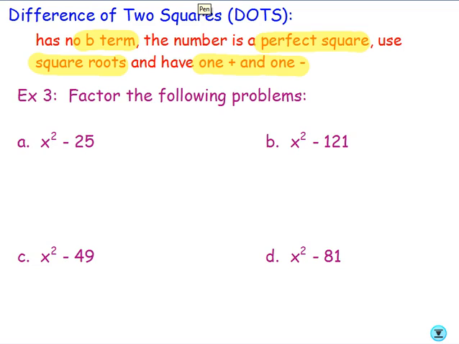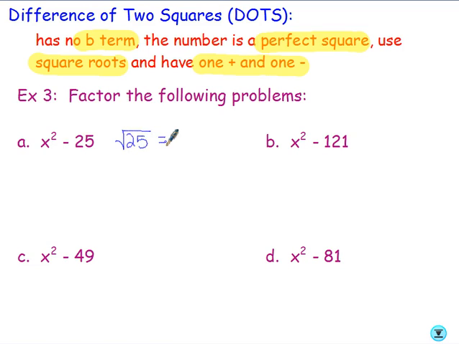So if you notice, look at all 4 of these problems. All 4 of these are missing that middle part. They have the x squared, they have the number at the end, they don't have the number in the middle. These are examples of dots problems. To solve a dots problem, it is very, very simple. You take the number at the end. In this case, it's 25. We need to find the square root of 25.